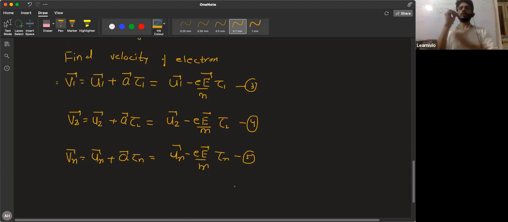So all electrons are moving with different velocities. But when you look at a conductor, a current is flowing through a conductor, you don't observe individual electrons. What you observe is the combined, the average velocity.